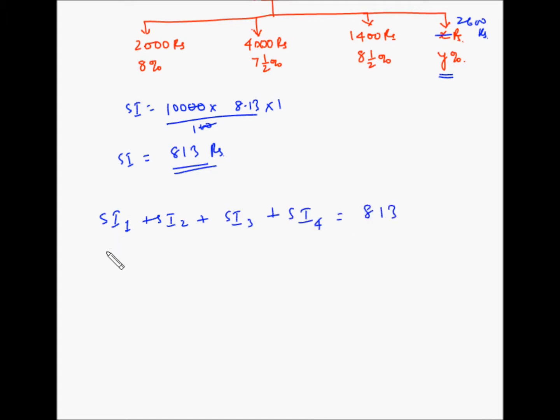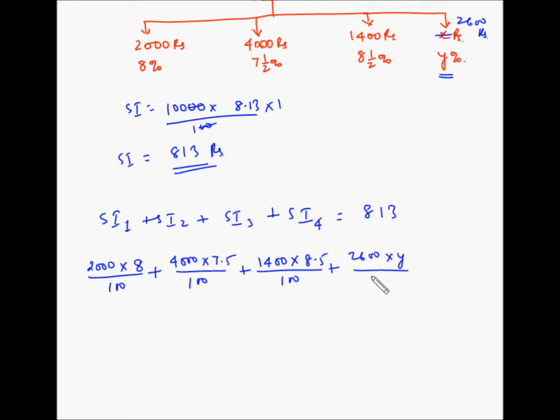So in the first case it is principal, which is 2000, multiplied by the rate, which is 8, divided by 100, plus second case it is 4000 multiplied by the rate, which is 7.5, divided by 100, plus 1400 multiplied by the rate, which is 8.5, divided by 100, plus 2600 multiplied by y divided by 100, and all of this is equal to 813. So let's take the LCM as 100.